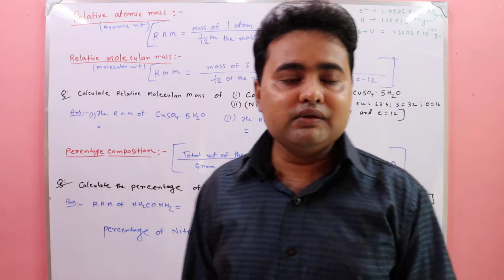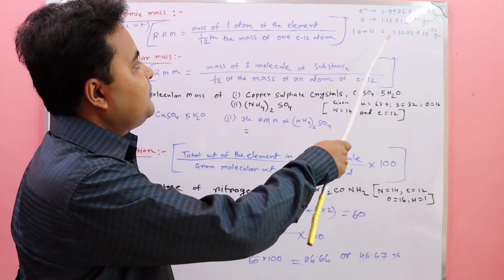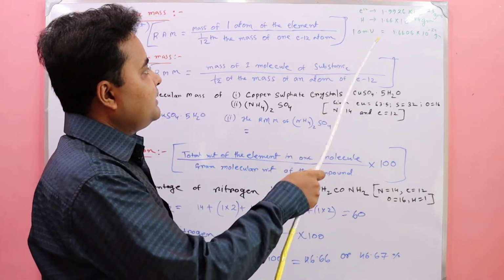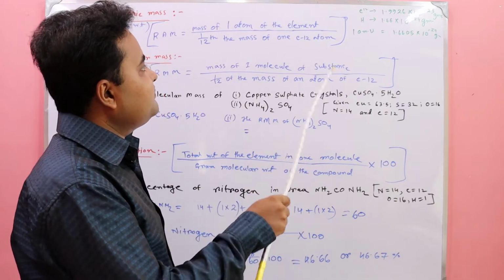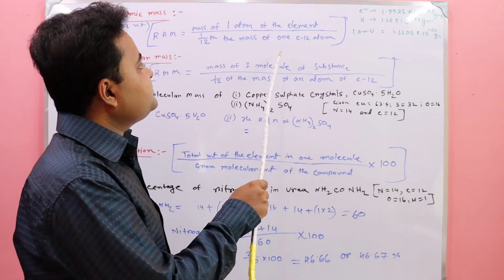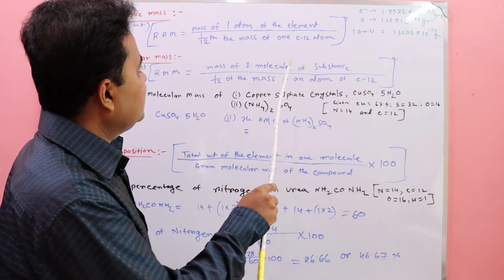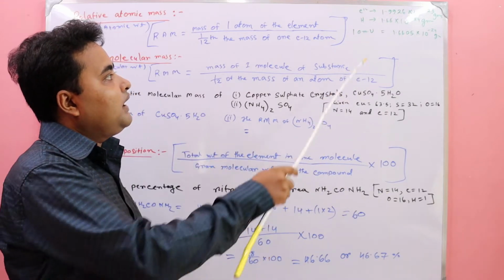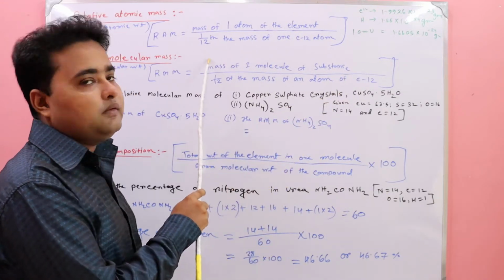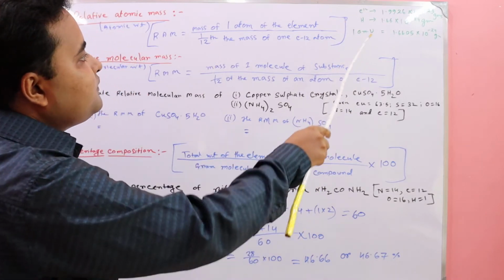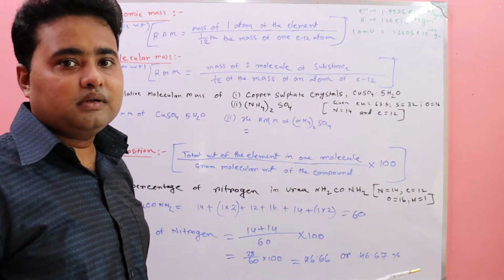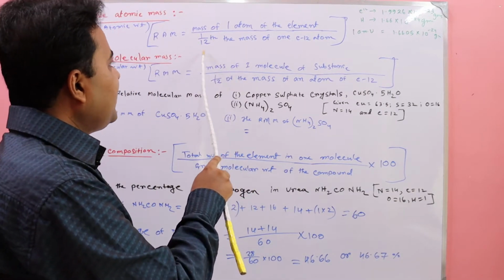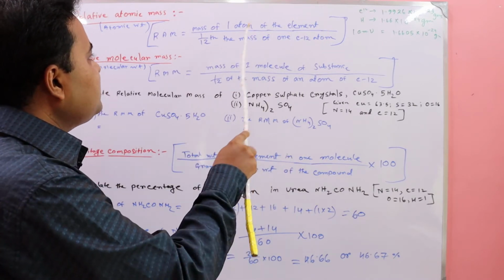If we divide the mass of the C12 atom, or multiply by 1 by 12, it gives 1.66 into 10 to the power minus 24. Clear? That's why we calculate on the basis of 1 by 12 of the C12 atom, how many times heavier the mass of any element is.